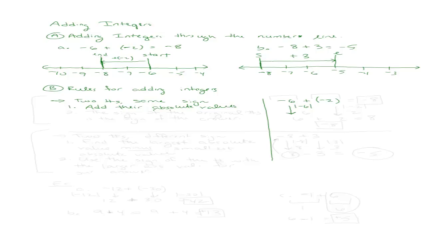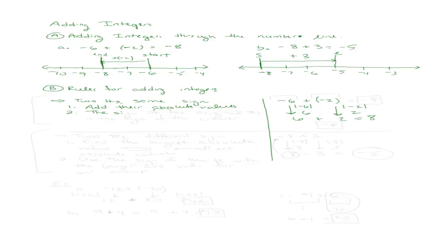So let's do that really quick. Let's figure out what the absolute value of -6 is. That would be 6. And the absolute value of -2 would be 2. So we are going to add their absolute values. I'm going to add 6 and 2, and I'm going to get 8. So I'm done with step 1.